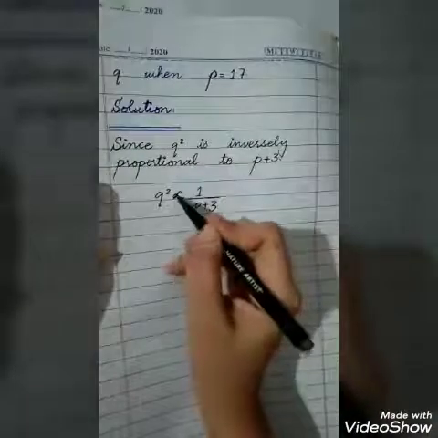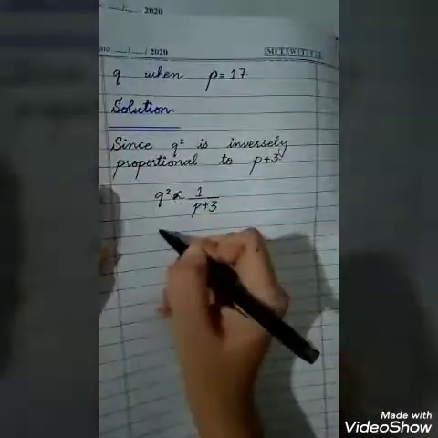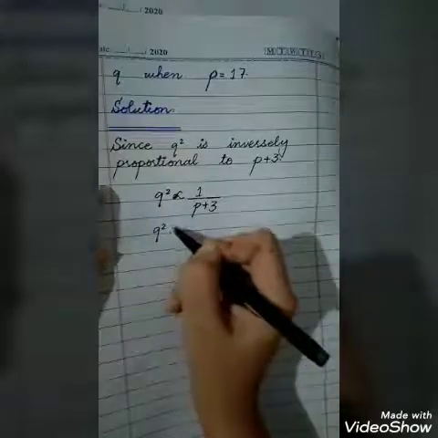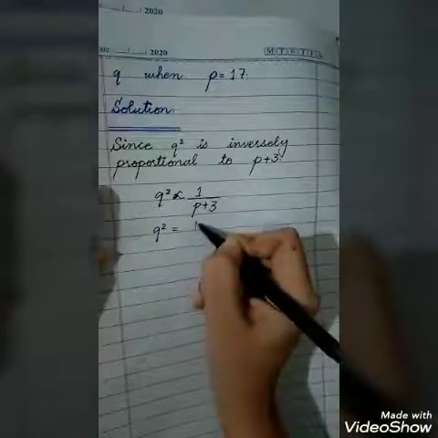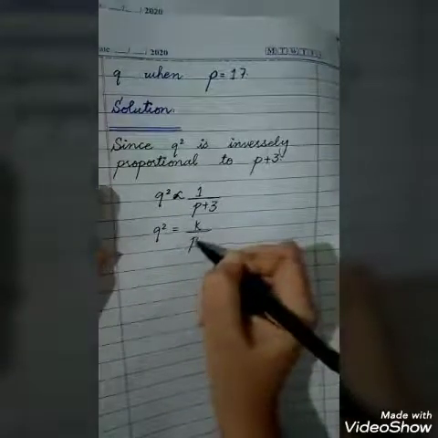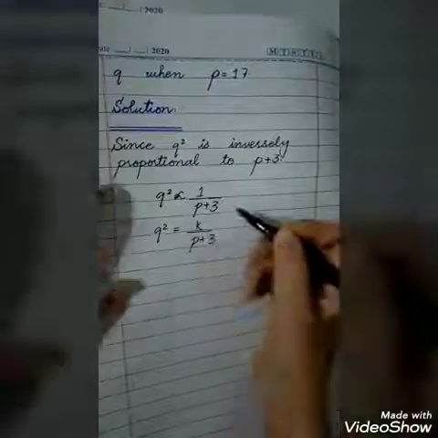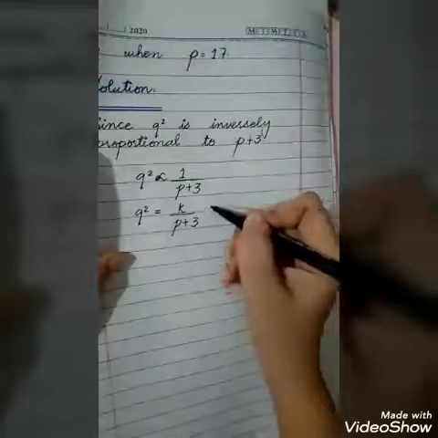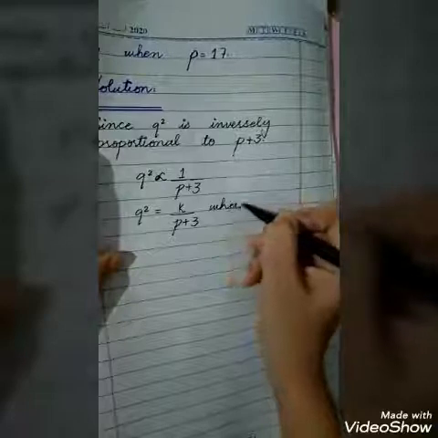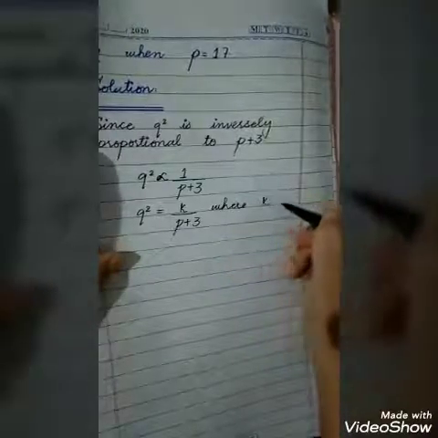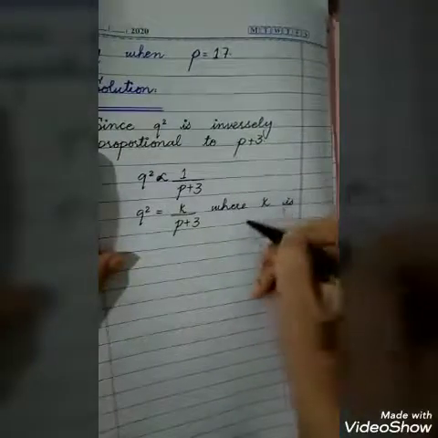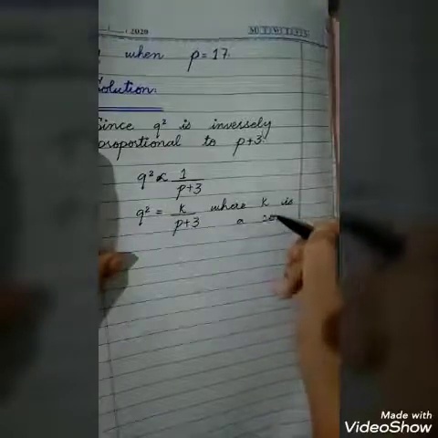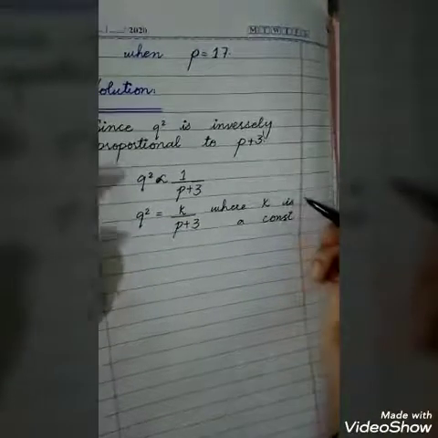Now we have to change the proportionality sign into an equals sign by placing a constant, k, where k is a constant. So q square is equal to k by p plus 3, where k is a constant.